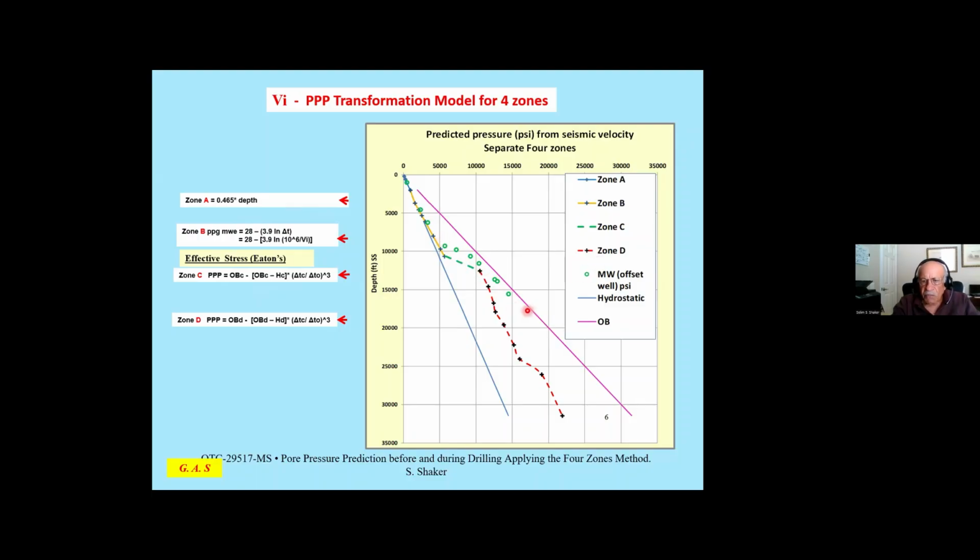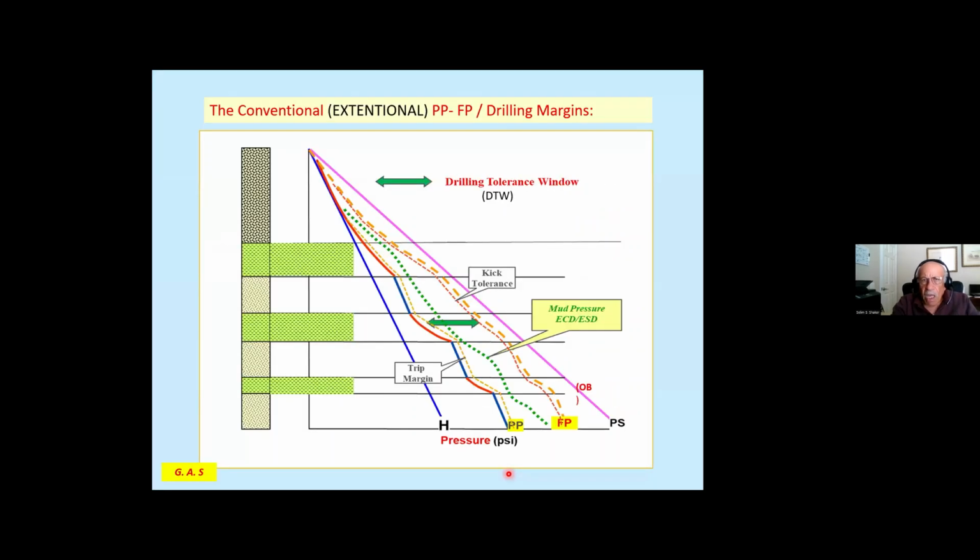So if you get the chance, read that paper. I think that's the OTC paper. Now, this is the conventional way. We have the hydrostatic, we have the principal stress, we have the pore pressure in 2 segments, shale segment and sand segment.